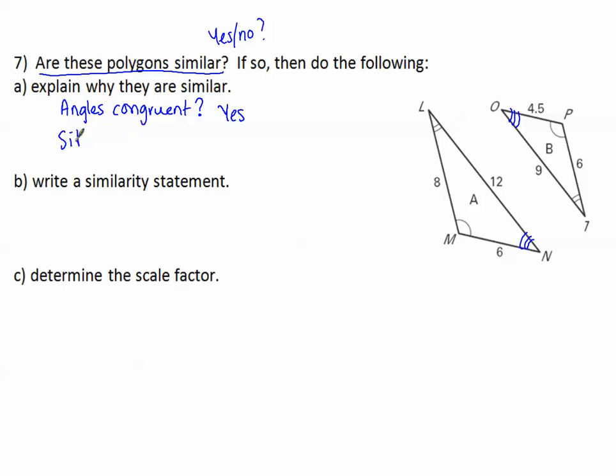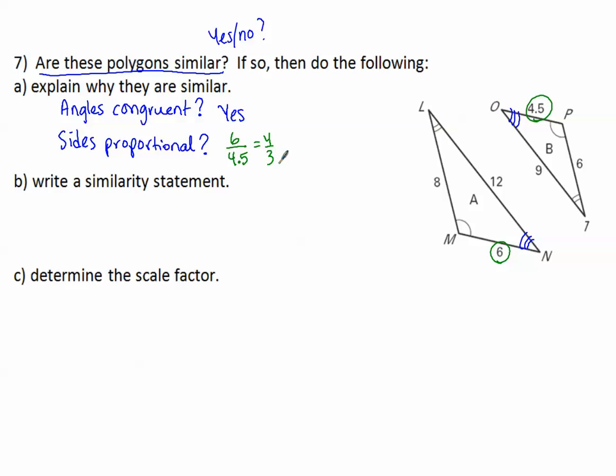Second question, are the sides proportional? How do we figure that out? Matching up the ones that correspond. Let's look at these three sides. Which side is the smallest? 6. Of these three sides, which one is the smallest? 4.5. 6 over 4.5. Grab your calculator if you want to help reduce that fraction. Reduce the fraction, 4/3.